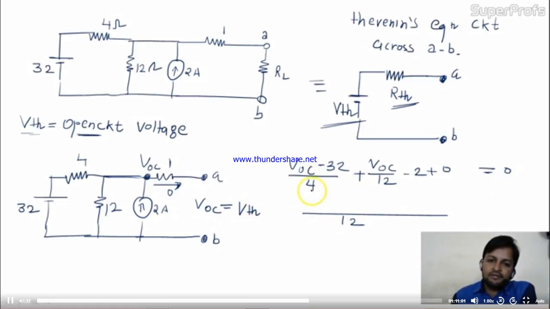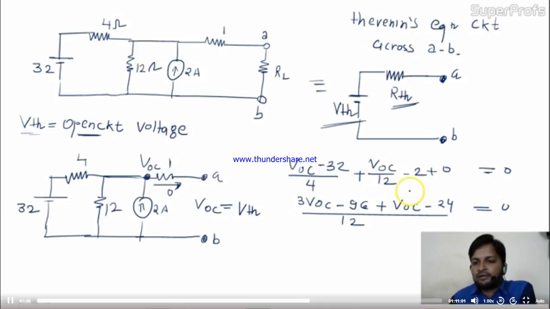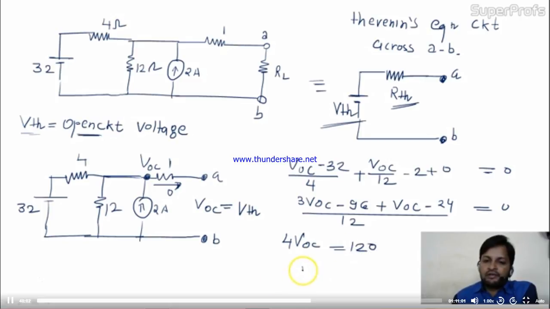Take 12 as the LCM: 3 VOC minus 96 plus VOC minus 24 equals 0. I hope it is clear to you. 3 and 1 make 4 VOC, and this will be 120. So VOC is nothing but 30 volt. This is nothing but the VTH. So you find out the VTH. VTH is nothing but 30 volt.